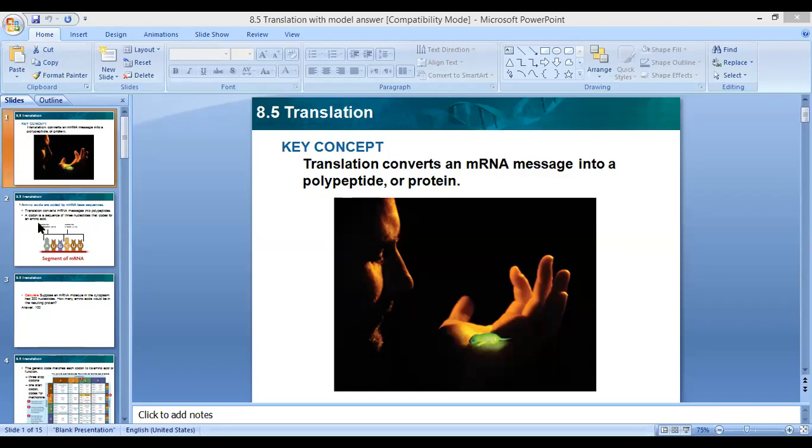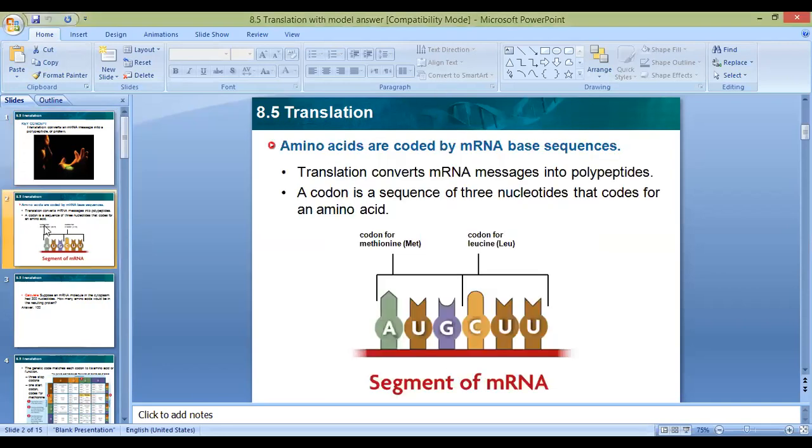Okay, as you see here in this slide, this is a segment of mRNA. We said that mRNA is made of nucleotides. Now, in the language, the letters that we use, how many letters we have in the English language? Who knows? I think 26 letters. Yes, Abdullah? Yes, teacher, 26. Yes, 26 letters.